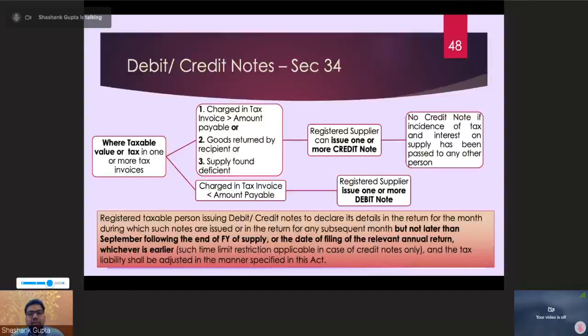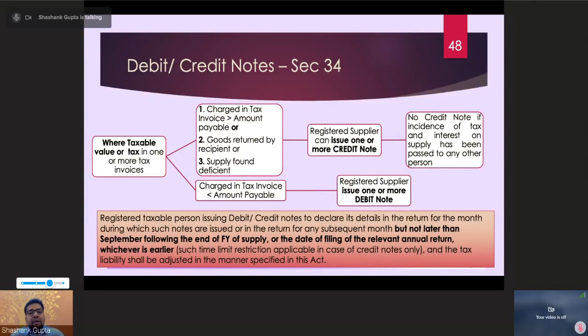In any other case, no revised tax invoice can be issued, and a tax invoice once issued cannot be cancelled. Which means I will then have to issue a credit note for 90,000 rupees along with the tax adjustment for the differential tax amount, and the other person will accept that, reverse the proportionate ITC, and then I can claim an adjustment of that tax amount.